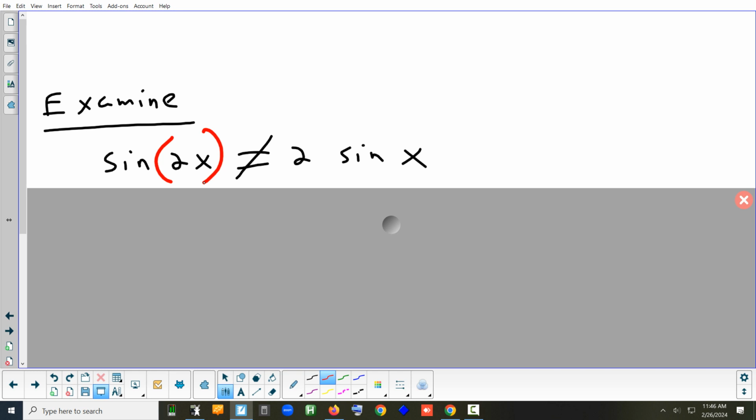Well, if you have a 2 inside the parentheses, what kind of transformation is that? Stretch. What kind of stretch? Yeah. Horizontal. And this technically would be when you make a 2, it compresses it. So it's a stretch by 1/2, or you could say compressed by 2.